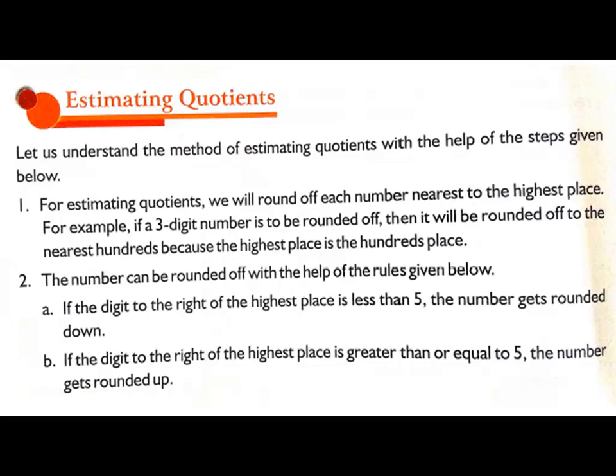The second rule: if the digit to the right of the highest place is greater than or equal to 5, the number gets rounded up. So these are the two steps to be followed for estimating quotients.